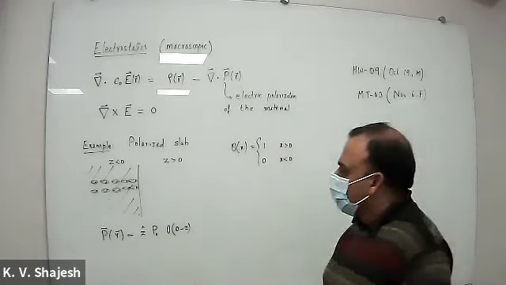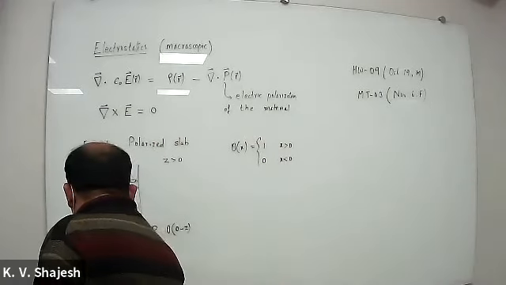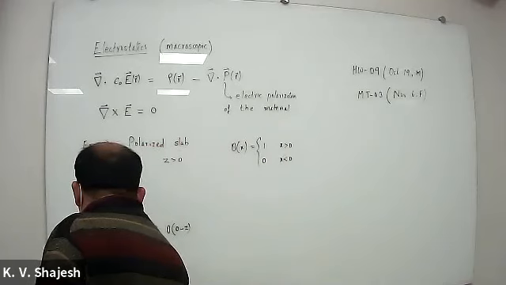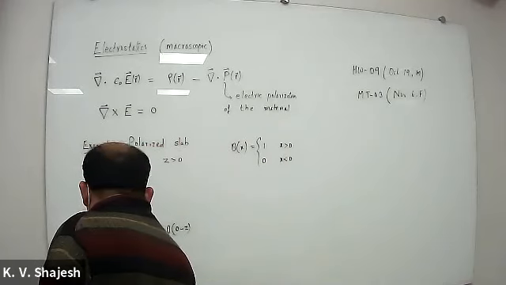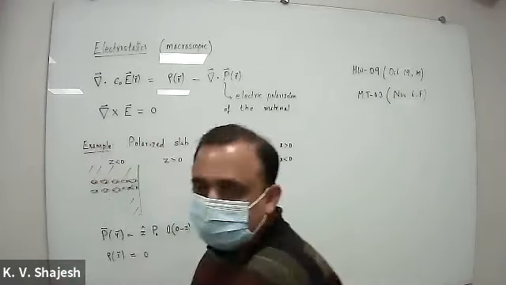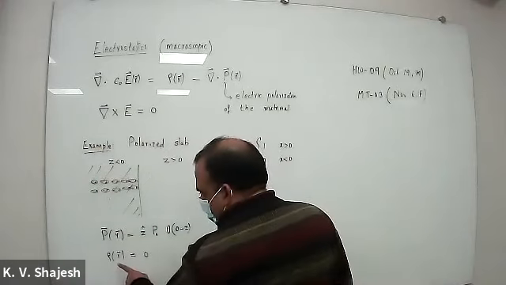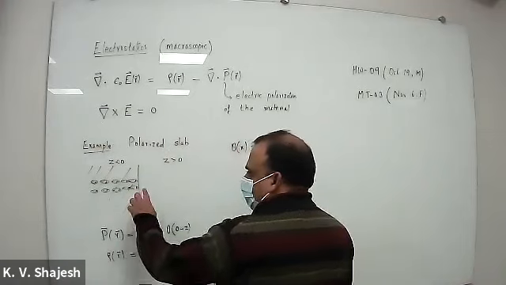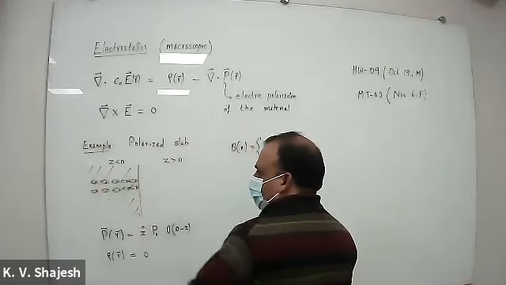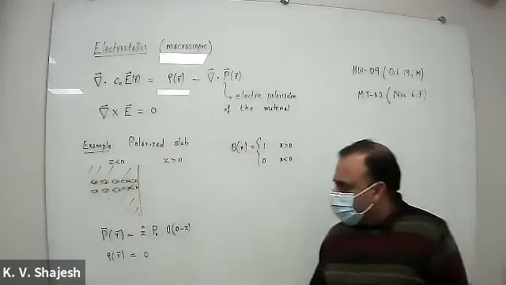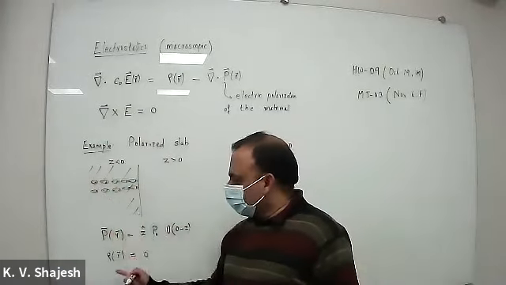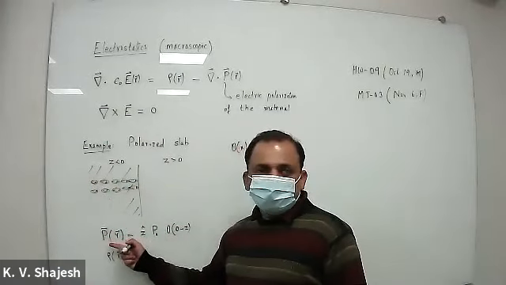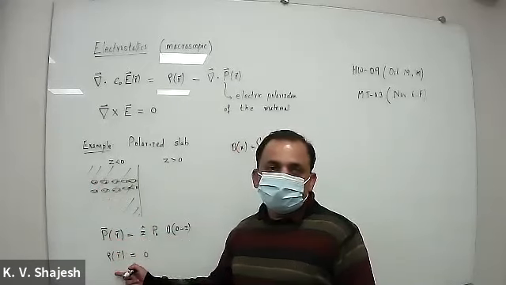And let's say there are no free charges, that's equal to 0. Right? One has to distinguish between free charges and the polarization. Polarization are those charges that contribute to the dipole moment. Of course those are also charges, but we have already accounted for that in here, so we don't account for that in here.